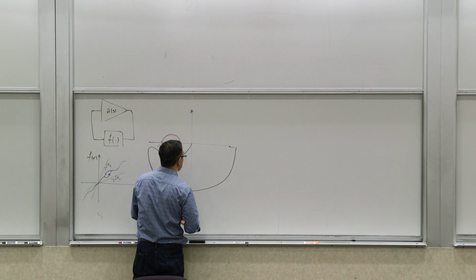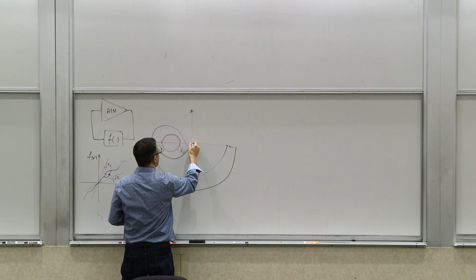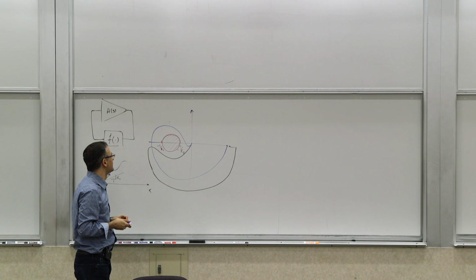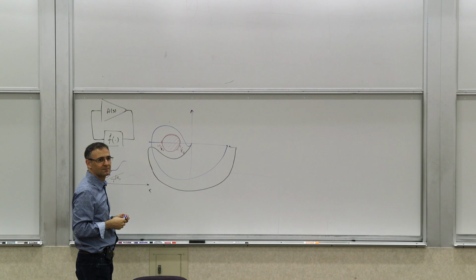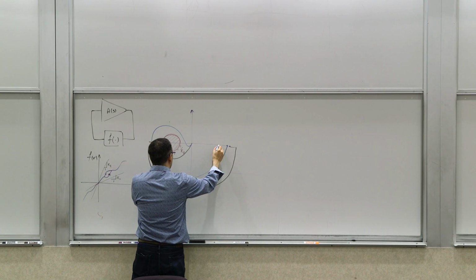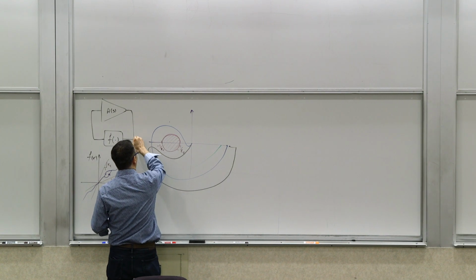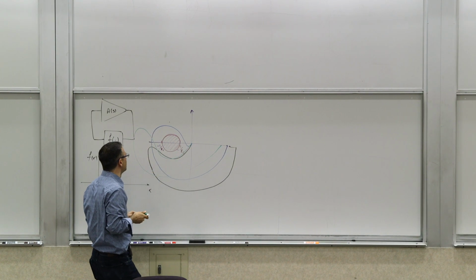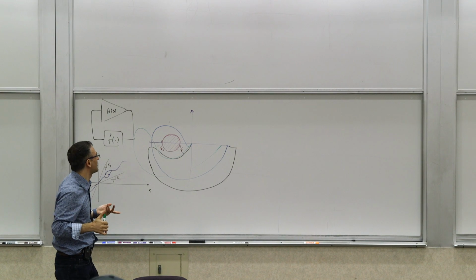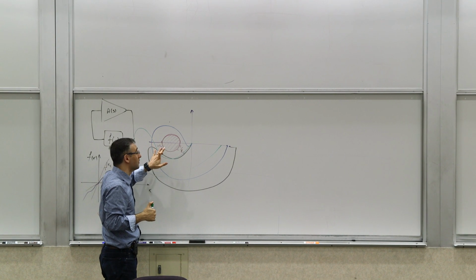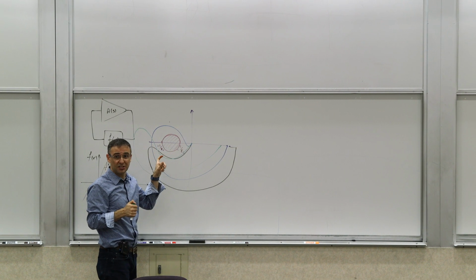How about this one? That's unstable, right? How about this one? That's kind of conditionally stable. But now we know this is stable. It's like a conditionally stable system.